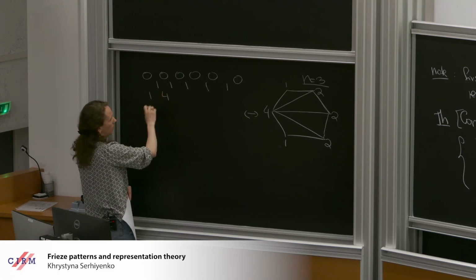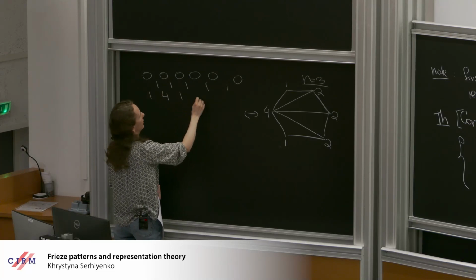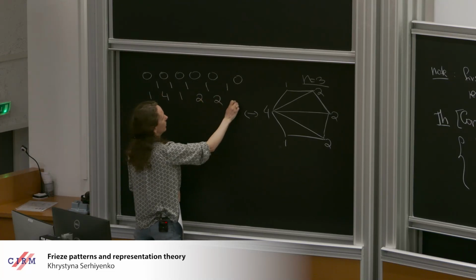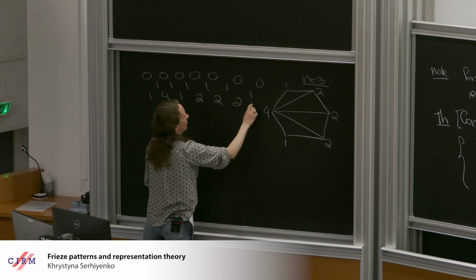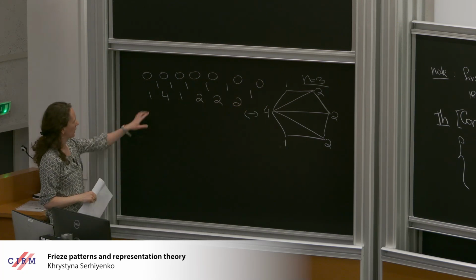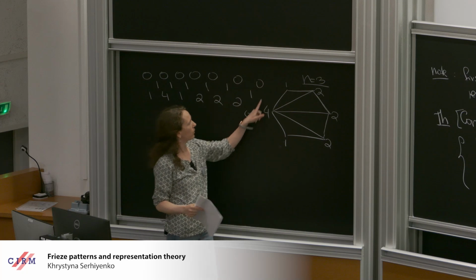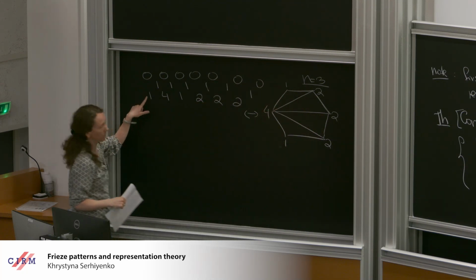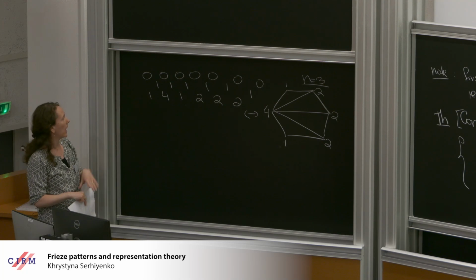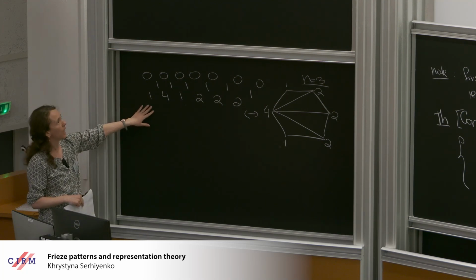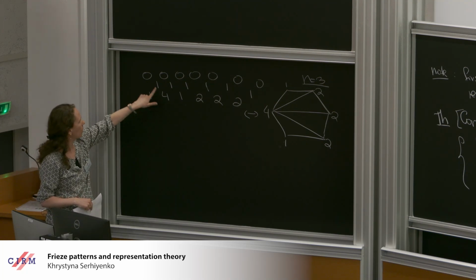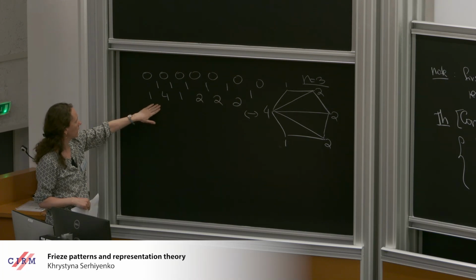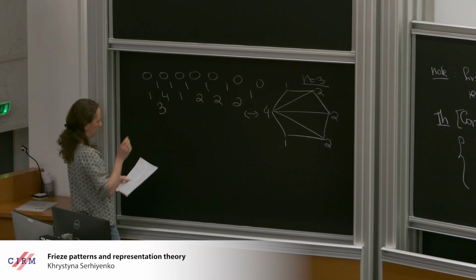So 1, 4, 1, 2, 2, 2. Going around the boundary of my polygon, recording the numbers I wrote down, gives me the first non-trivial row of the frieze, and then I can compute the rest using the diamond rule, which tells me 1 times 4 minus 1 times whatever's here is 1. So then you know that this is 3.